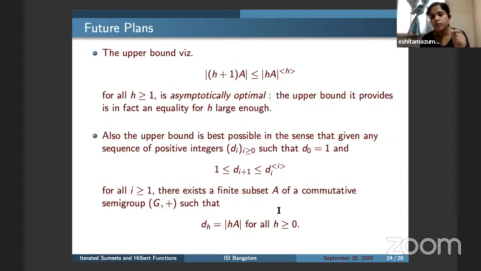Here there is one minor point, or rather a major point, that I am not talking about a group here. I am saying that A is a finite subset of a semigroup. I believe that one can solve this part by using the sufficiency part of Macaulay's theorem.